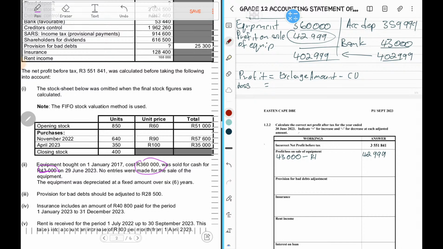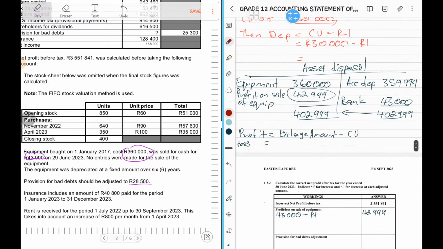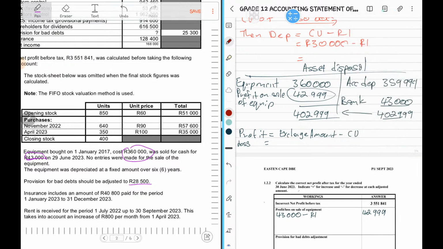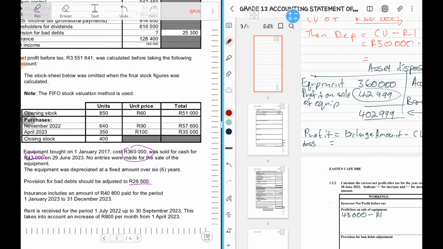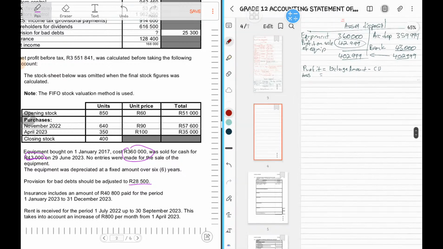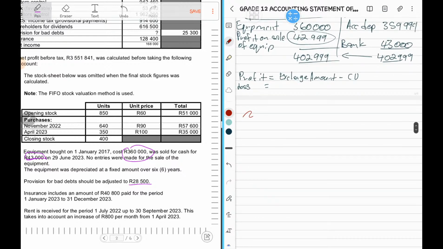But if it was a loss, then it will decrease it. Then in terms of the provision for bad debts, here we're being told that provision for bad debts should be adjusted to 28,500. Remember what I said in terms of provision for bad debts. Let me add another page and mark it provision for bad debts.